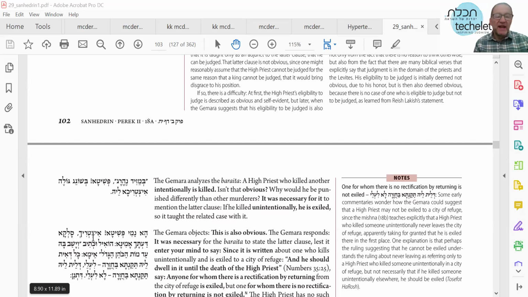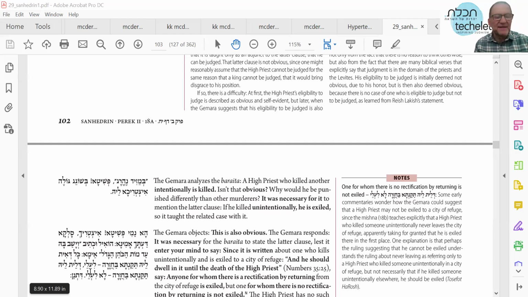Why? Itztrich, no, it isn't obvious, says the Gemara. You need to be told that he gets exiled. Why? Salka da'atach amina, I might have thought, or literally, it might enter into your mind. You might say, Hoil u'ktiv, since it is written, V'yashav ba admot Kohen Gadol, and he has to stay there until the death of the Kohen Gadol, you might think, Emina, I might say, Kol d'eit lei takanta b'chazara ligle.